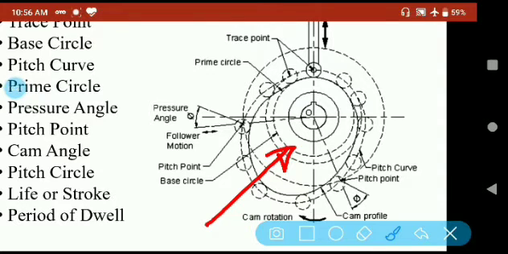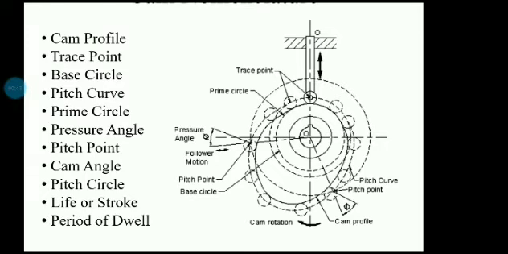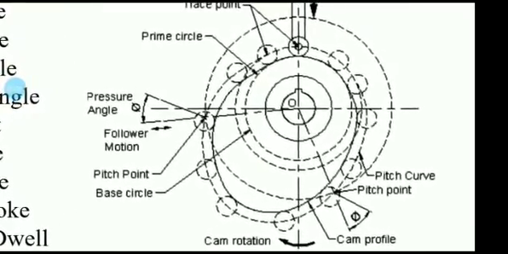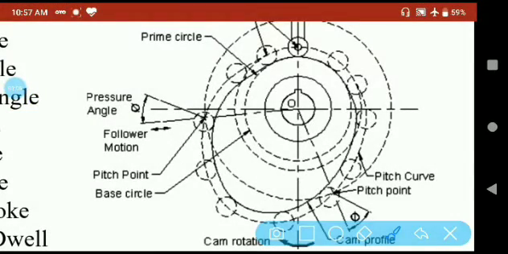The center will be the center of the cam, and the radius will be from the center to the cam profile. The size of the cam is decided by the base circle radius. Now the next point is the pitch curve. The pitch curve is the curve traced by the trace point if it is assumed that the follower is rotating around the cam. In the figure you can see this is the pitch curve.